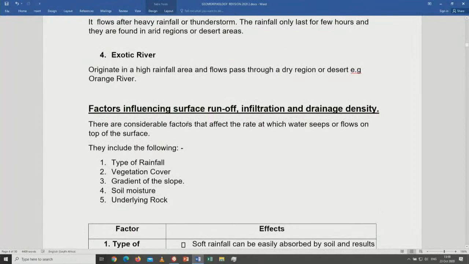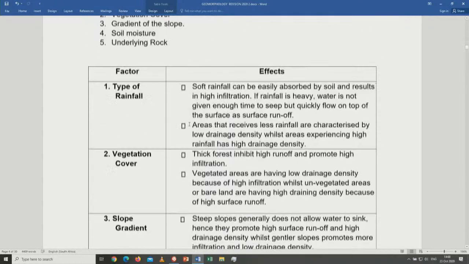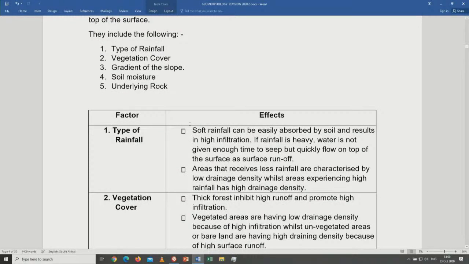So we'll go straight to the factors influencing surface runoff and infiltration and also drainage basin. So if you look at this, then you'll be able to understand the issue of drainage density. Now, we're having examples there: types of rainfall, vegetation cover, gradient of the slope, soil moisture, and also underlying rock.